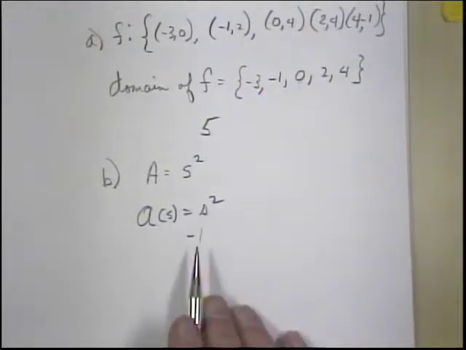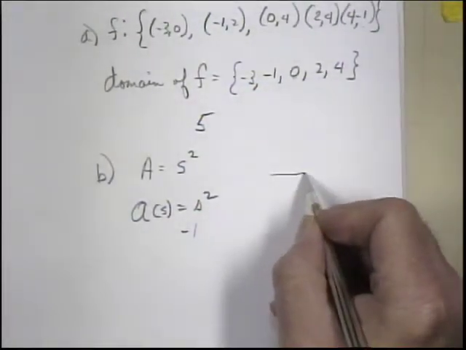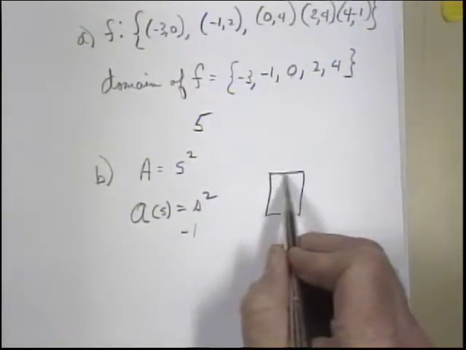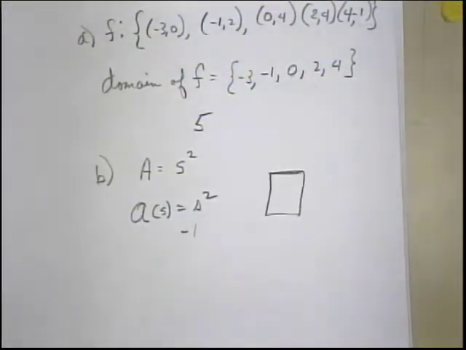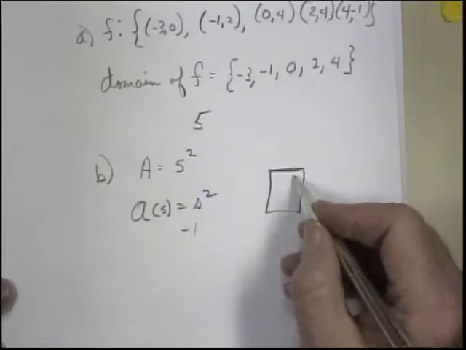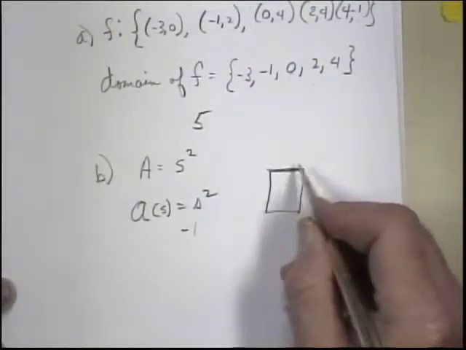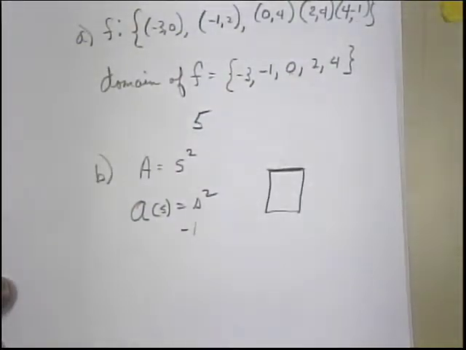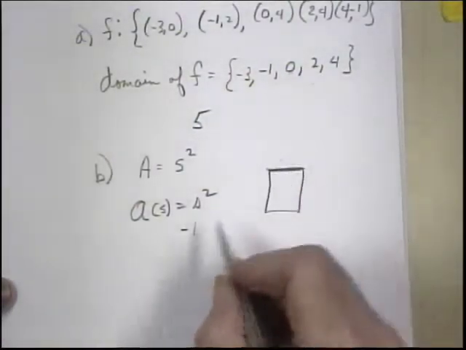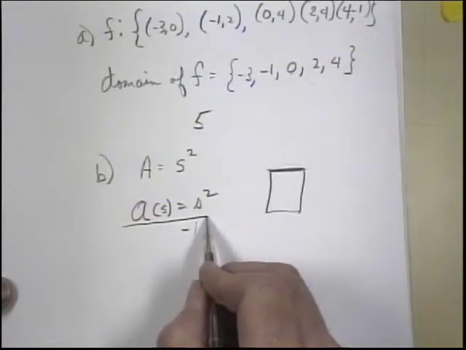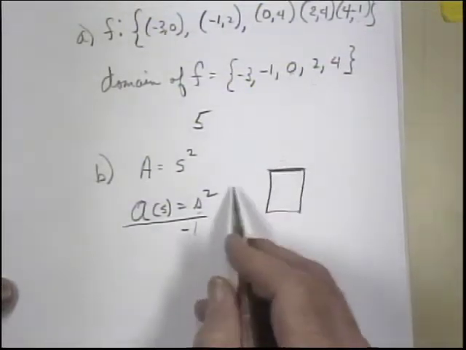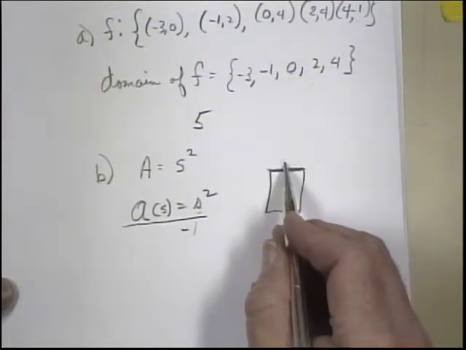But could you have a square that had a negative value for a side? It's not possible to have a side in a square that's negative. So because this is an area and we're talking about the side of a square, s can't have a negative number.